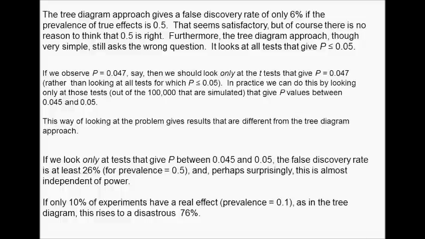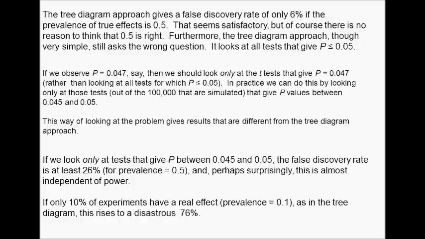If we look at that case in this new way, looking only at the p-values between 0.045 and 0.05, the false discovery rate comes out to be 26%. Rather surprisingly, to me at least, this is almost independent of the power of the test, of the sample size. So even in this best possible case, the false discovery rate is 26%.